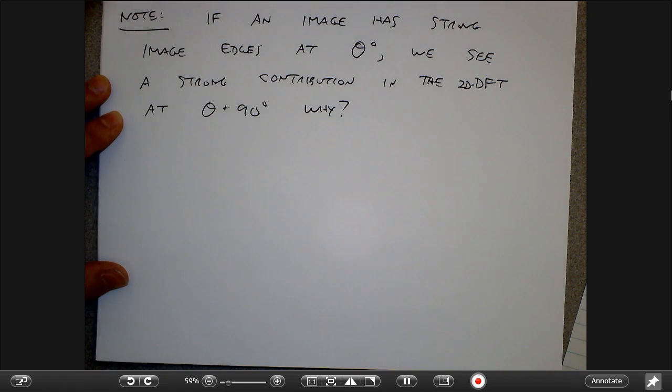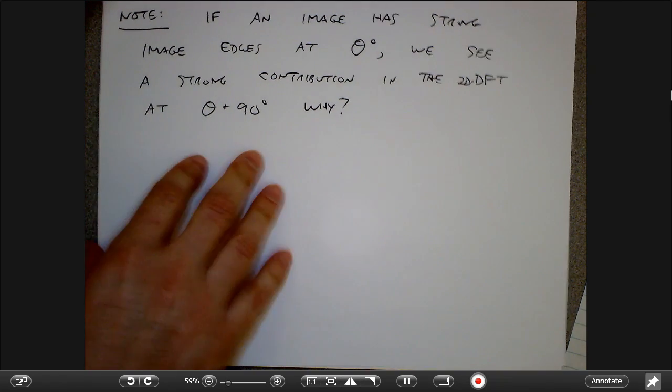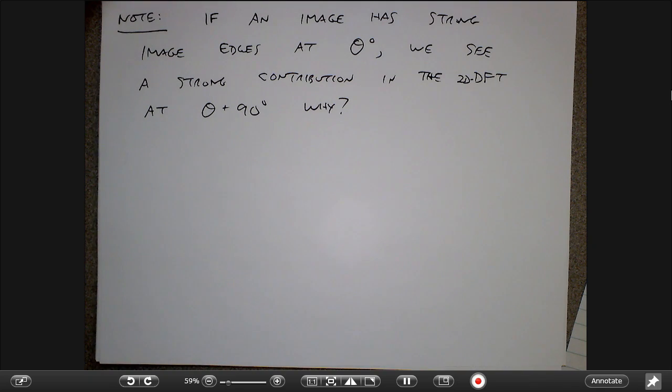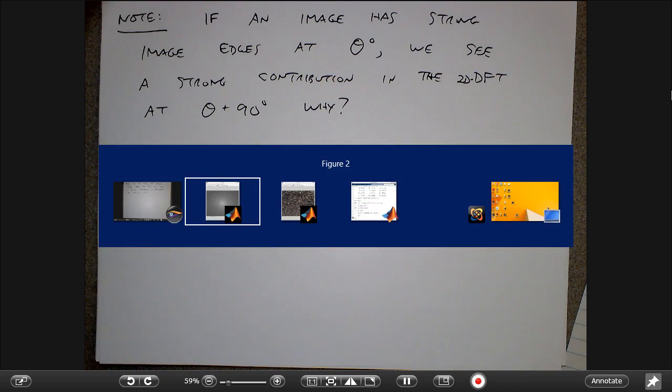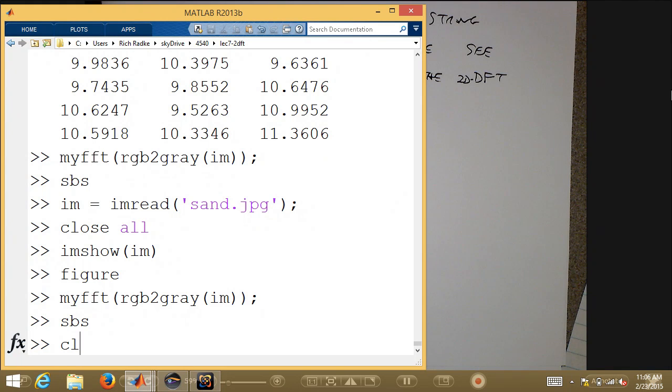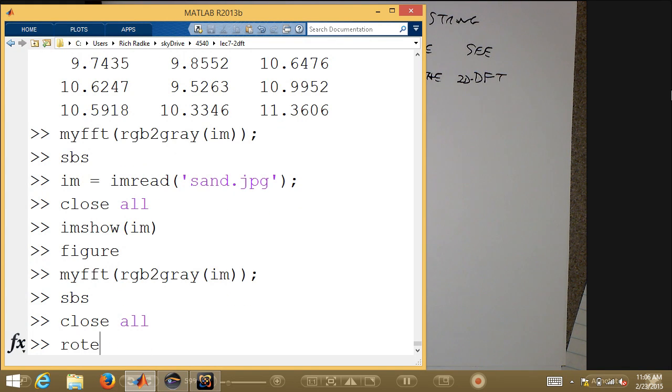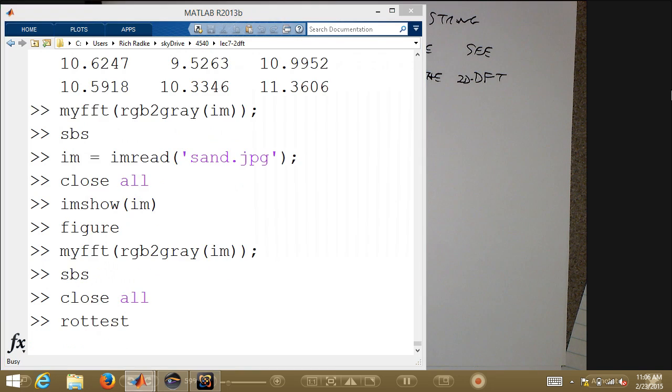Why is that? Let me just do an example of that. Here is a little Matlab script I wrote. What you're going to see is an image on the left, and its DFT on the right. I have these strong vertical bars, and in the Fourier transform I see a strong horizontal bar.